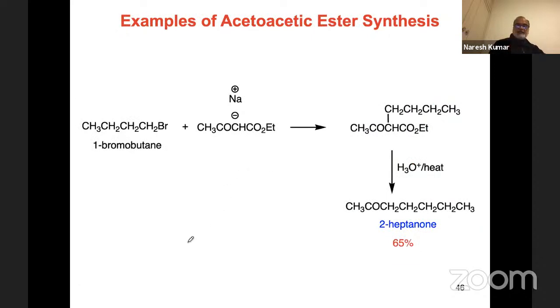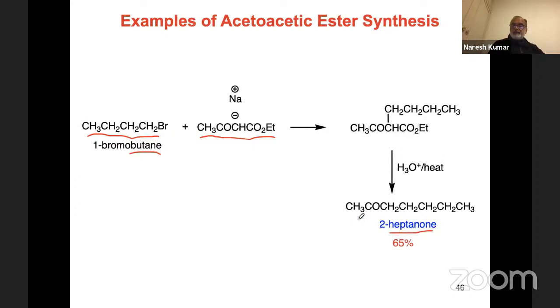But let's look at one example. Just like before, we start with a 4-carbon alkyl halide, and we react it with sodium ethoxide and the acetoacetic ester. And the same way, we get the substitution at this carbon here. You hydrolyze and decarboxylate, and the 4-carbon chain becomes 7-carbon long.